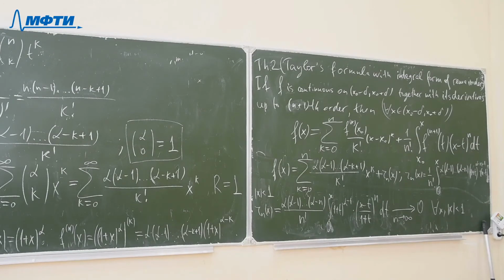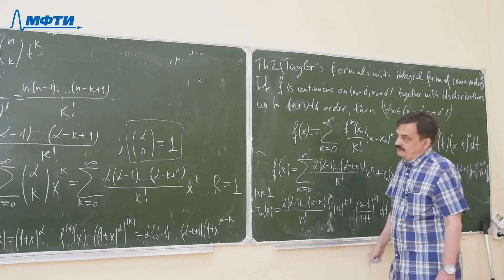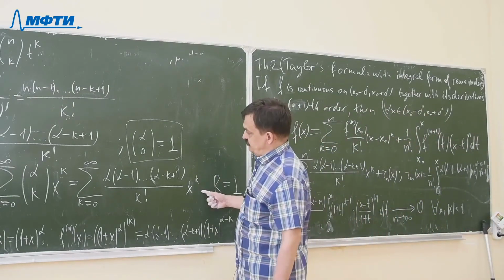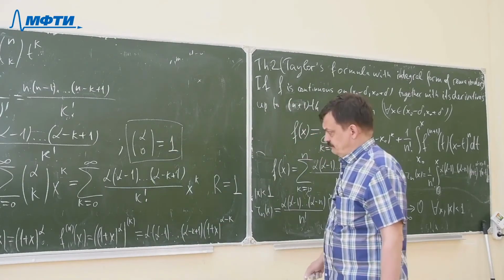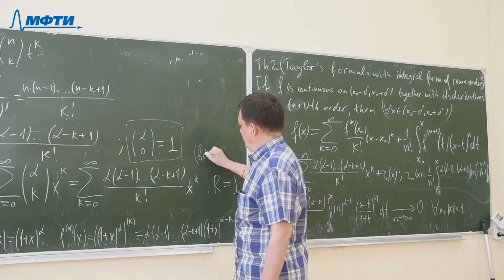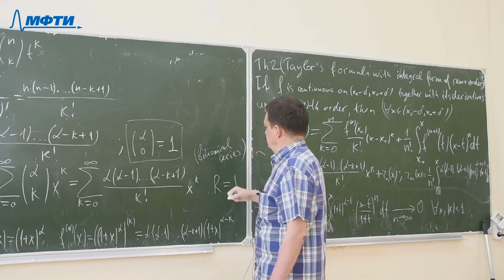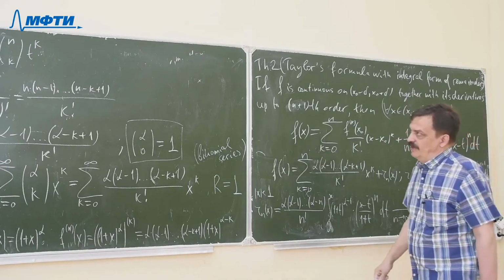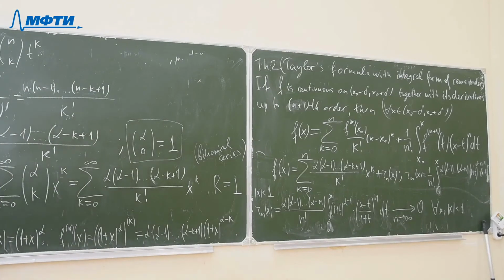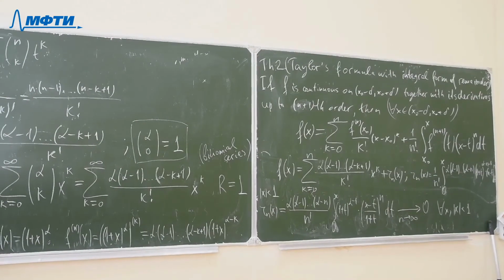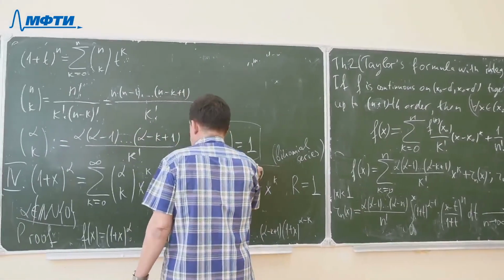And that's all. So we have proved that the remainder tends to 0. So the formula, sometimes it is called the binomial series. The binomial formula is here, and the binomial series is for arbitrary alpha.